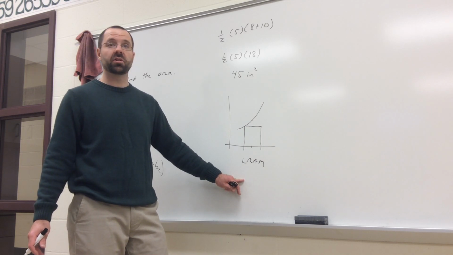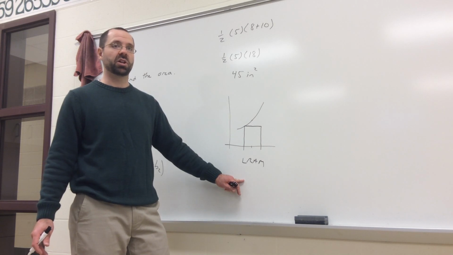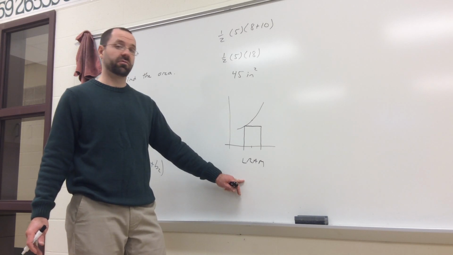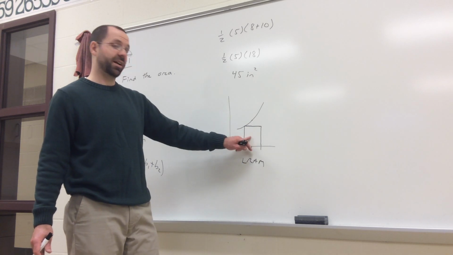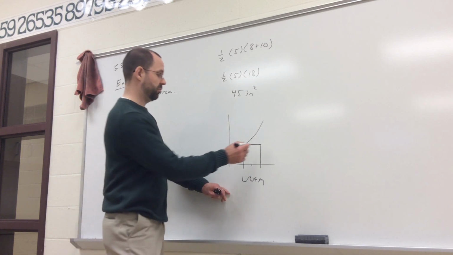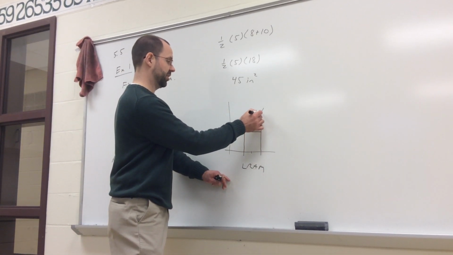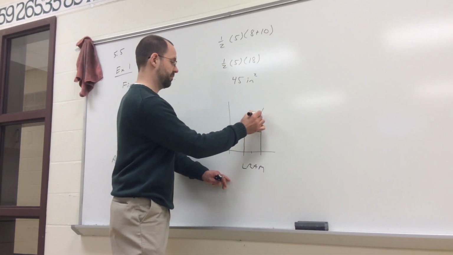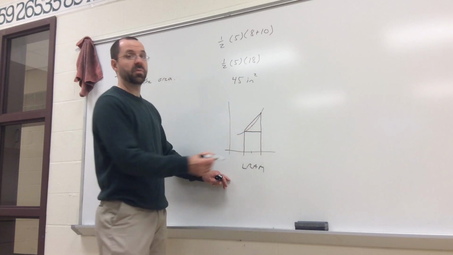So today we're going to learn another approximation method. And we're going to use trapezoids instead of rectangles. So here we have a rectangle, and RRAM and MRAM were also rectangles. But for the trapezoidal approximation, we're going to do this. We'll find the area of that trapezoid.